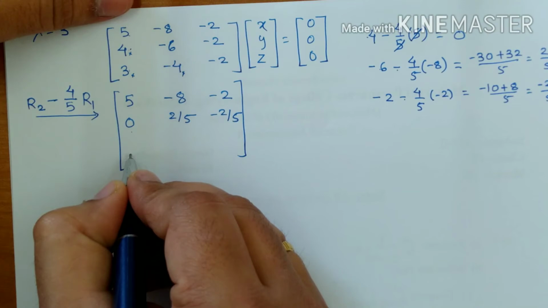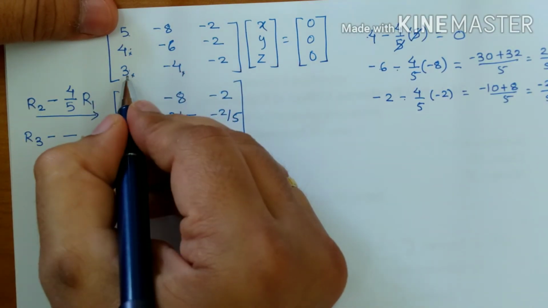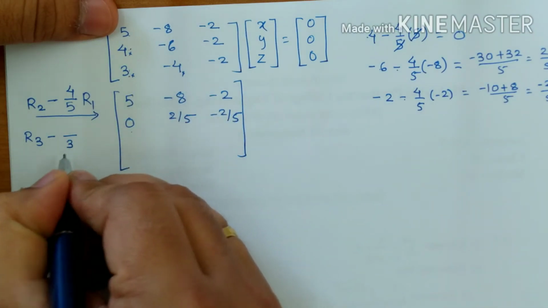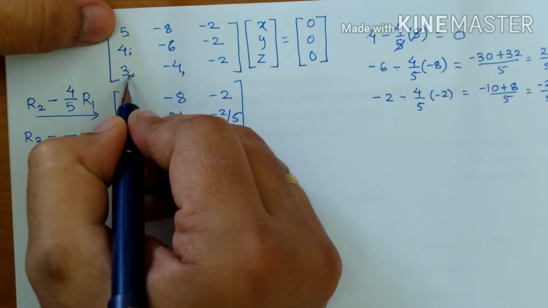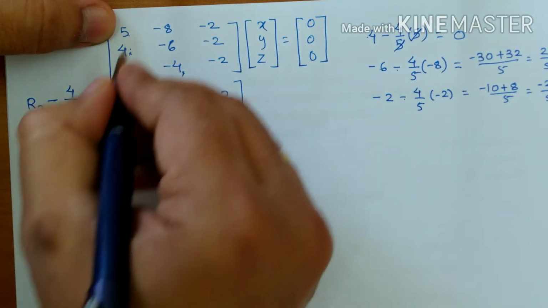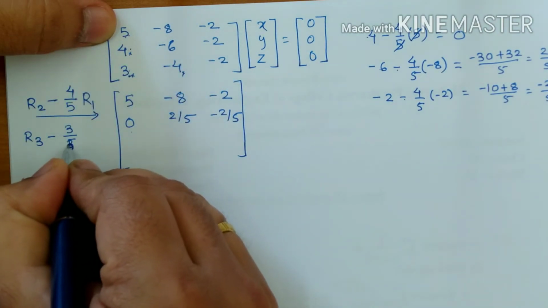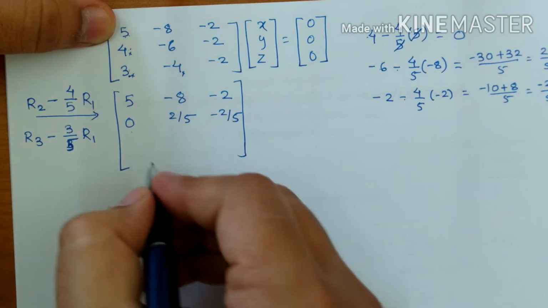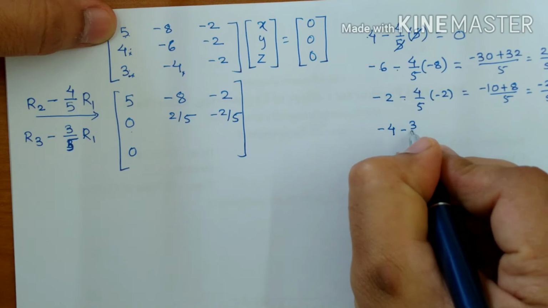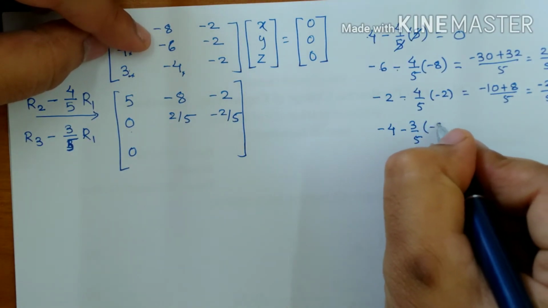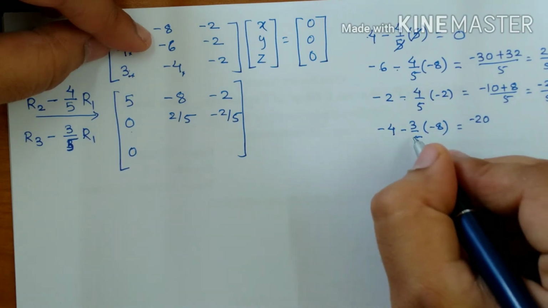Now I would like to get a 0 here. Again same, R3 minus... here the entry is 3, so I need to subtract 3 from here, then only I get a 0. Hence, I need to multiply the first row by 3. As here 5 is present, I need to divide it by 5. So the first entry is anyhow going to be a 0. Next is minus 4 minus 3 by 5 into the corresponding entry, minus 8. 5 fours are 20, so this is a minus 20.